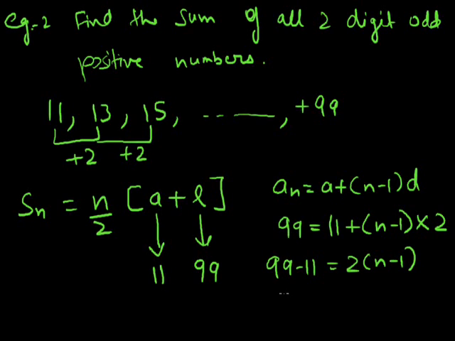So 99 minus 11 will become 88, is equal to twice of n minus 1. So 88 divided by 2 is equal to n minus 1. When we solve it, we get 44 is equal to n minus 1. So the value of n will be 44 plus 1, that is equal to 45.